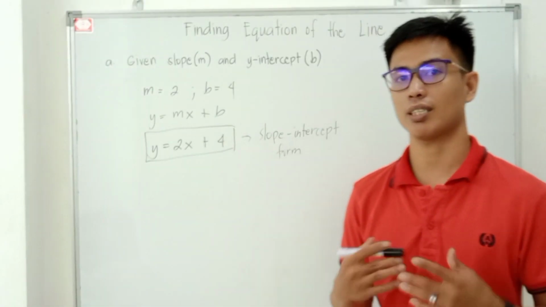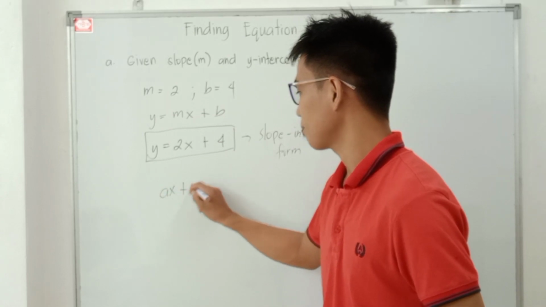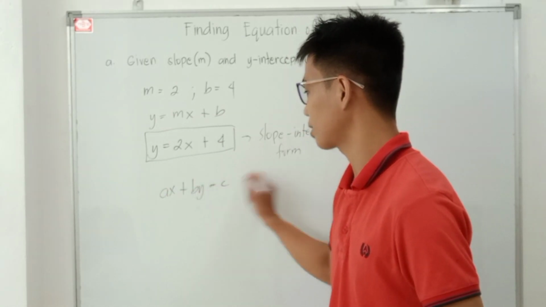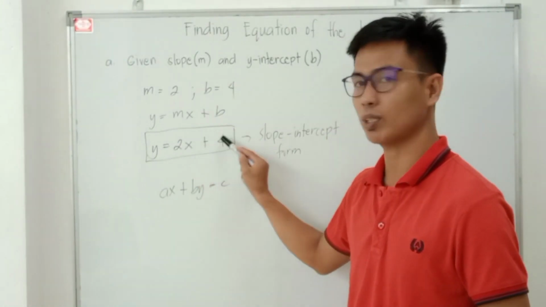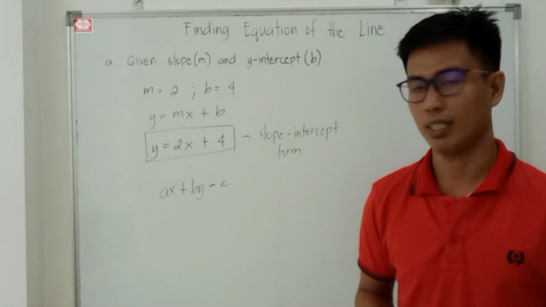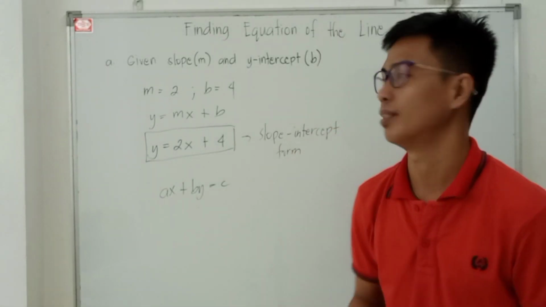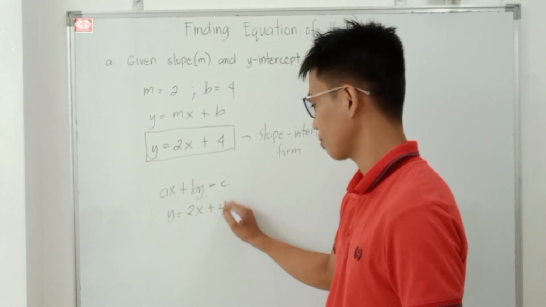So, in determining the standard form of the line, we use the formula ax plus by equals c. So, kailangan natin gawin yung y equals 2x plus 4 into the form ax plus by equals c. So, paano natin siya gagawin? y equals 2x plus 4.